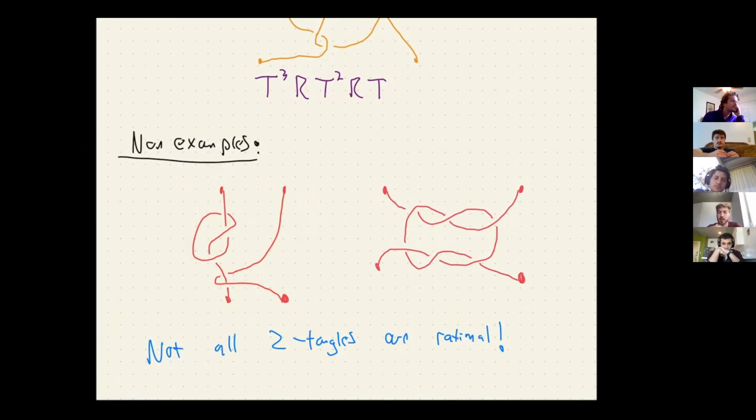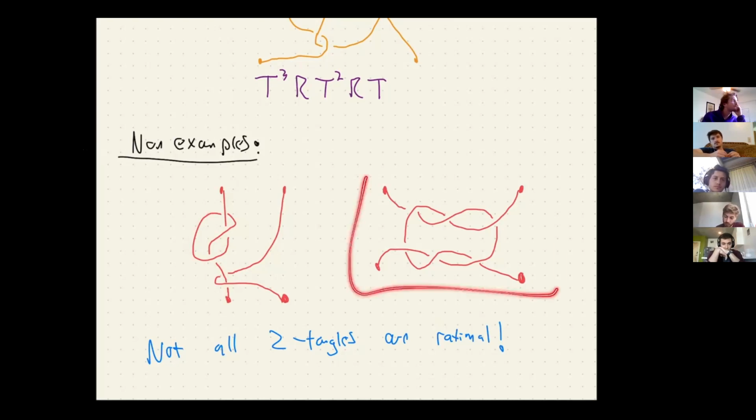And also you can think about there's no homeomorphism from the 3 ball to the disc cross the interval, which is going to straighten out this strand. So that's also sort of intuitive.